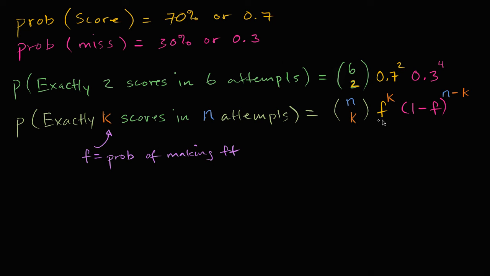This is just a general way to think about it. The whole reason I'm setting this up this way is that it's interesting to now think about the probability distribution for a random variable that's defined by the number of scores in your N attempts, or the number of scores in your 6 attempts. And since I've been doing longer videos than I intend to, I will do that in the next video.